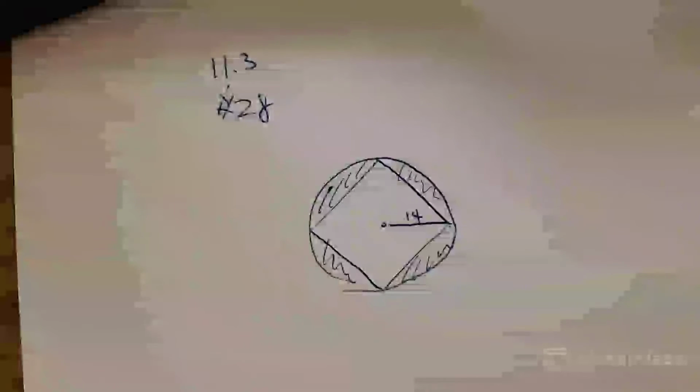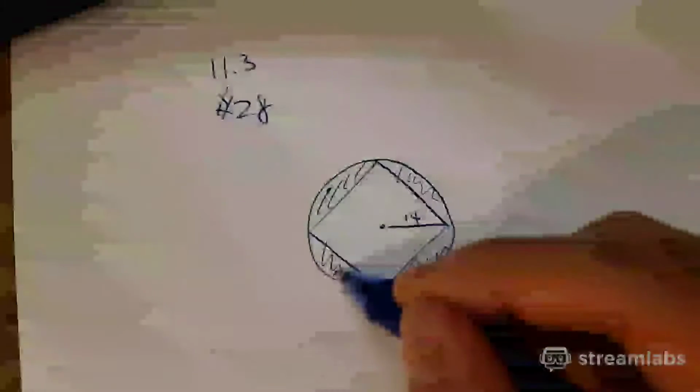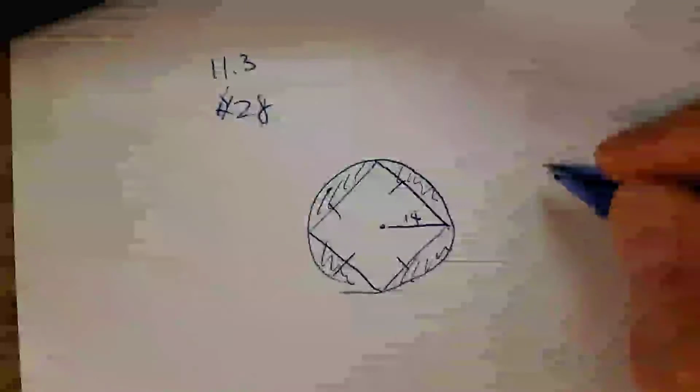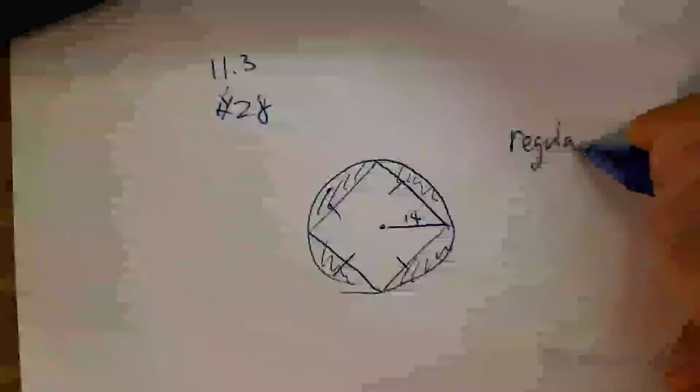Number 28, you're looking at the shaded region, I think this is a square inscribed inside a circle. So a square is a regular foregone, okay?